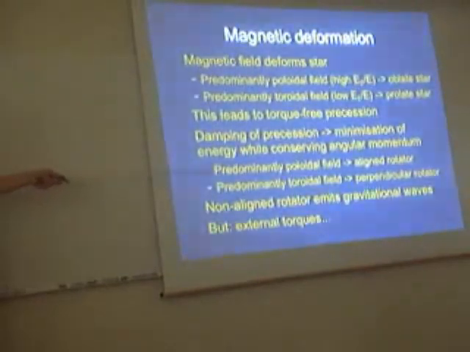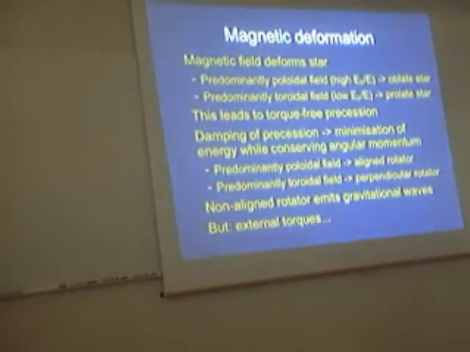And the result of that is that a star with a predominantly poloidal field will end up with its magnetic and rotation axes aligned. Conversely, a toroidal field will produce a perpendicular rotator. And one of the most interesting things about a star which is rotating with its axis not aligned is that it will emit gravitational waves, which in the case of a neutron star may be quite interesting.